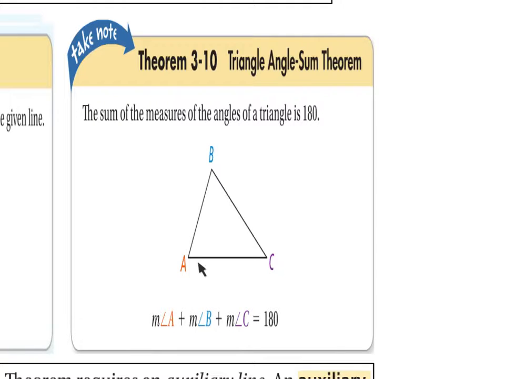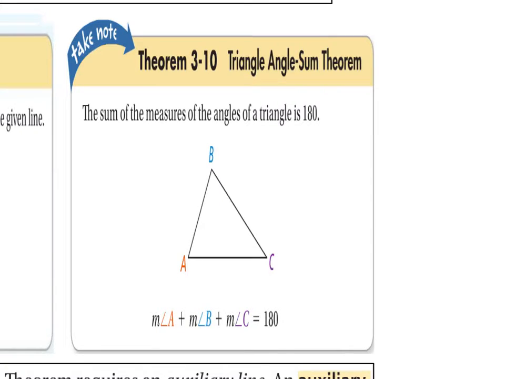Here, if I add angle A, angle B, and angle C together, we end up with 180 degrees every time in a triangle. All three of those angles will add up to be 180 degrees.